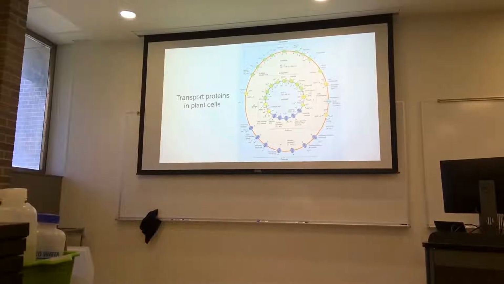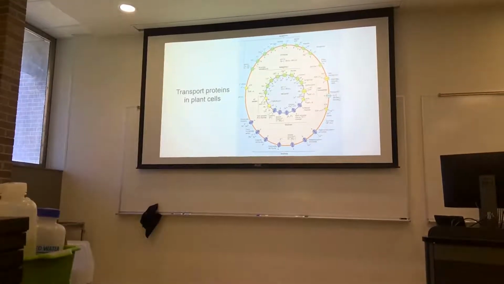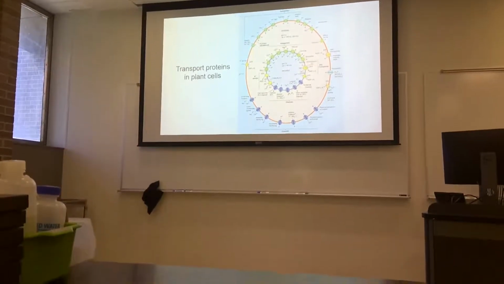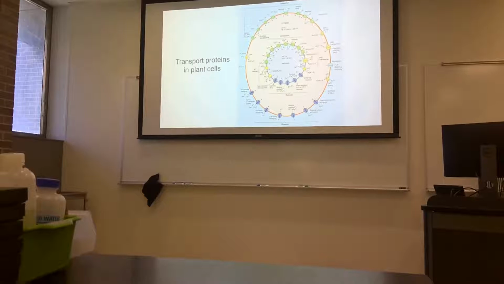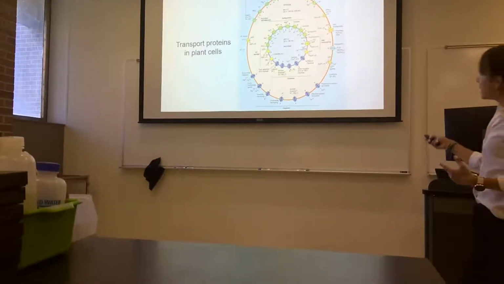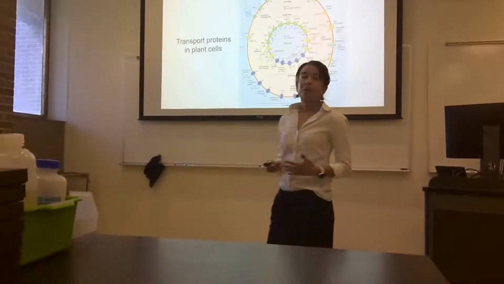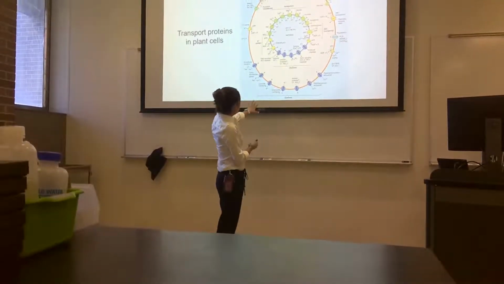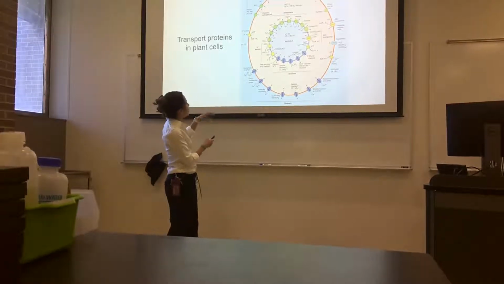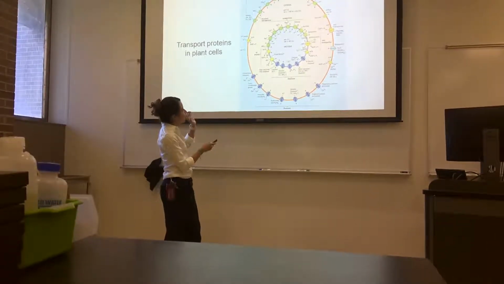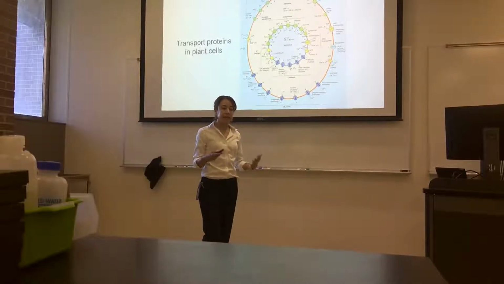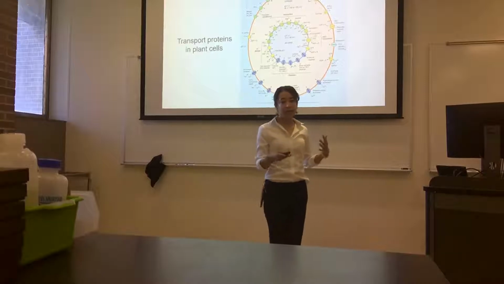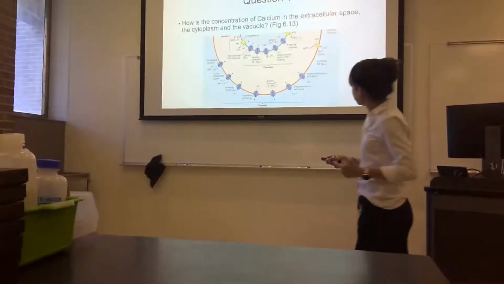The idea is not that I know any of these things by heart, but that if you get to see a picture like this, because we understand the requirements for the different types of transport, through channels, importers or pumps, then we can predict or have an idea of the concentration of ions on one side relative to the inside.